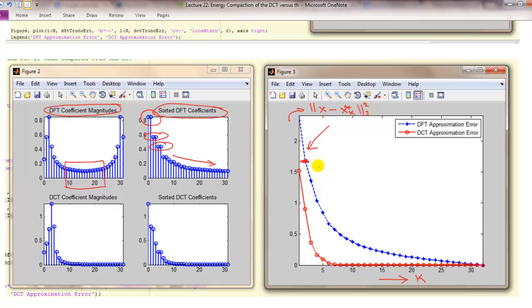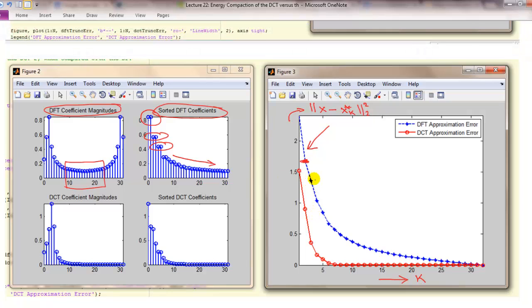Okay. It is, of course, as I use more and more coefficients, as k becomes larger, my error is going to go down, but it never hits 0 till I use all of my coefficients.